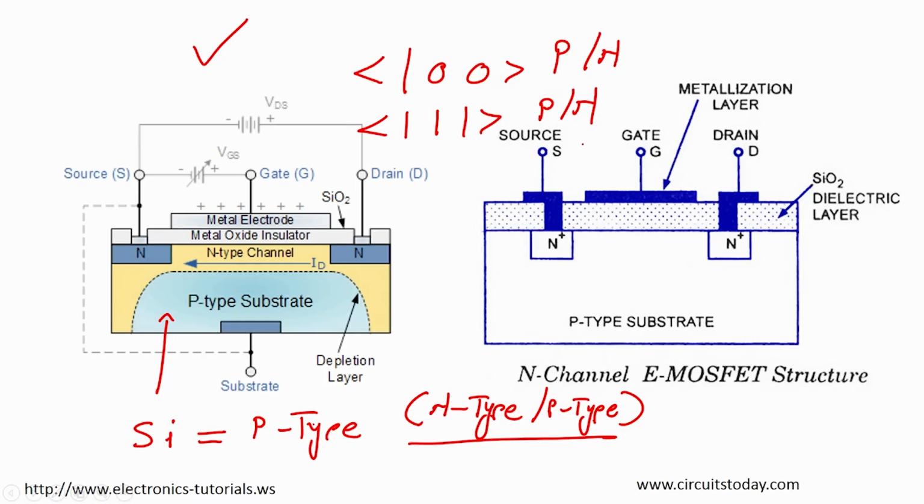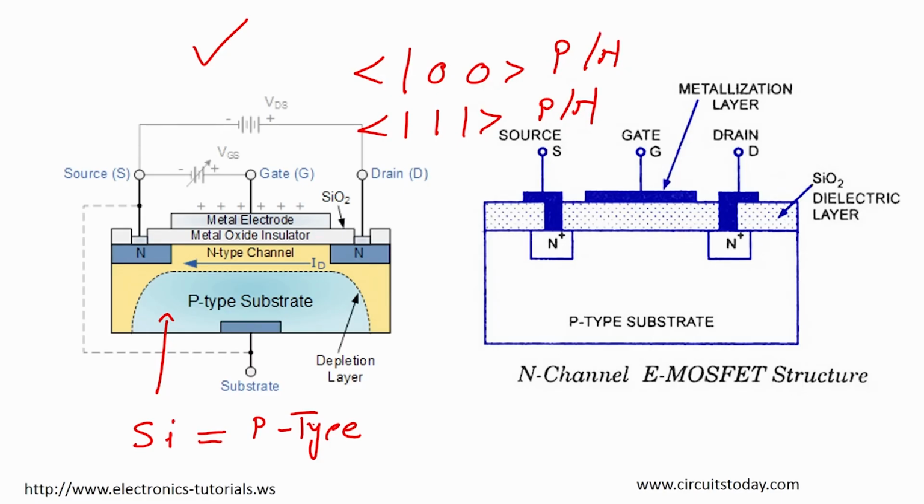We can identify whether it is p type 100, n type 100, p type 111 or n type 111 based on the orientation or on the primary flat and secondary flat. If you do not recall, you can go back to that lecture and look at how the primary flat and secondary flat help us understand whether the wafer is p type or n type, and whether the orientation is 100 or 111.